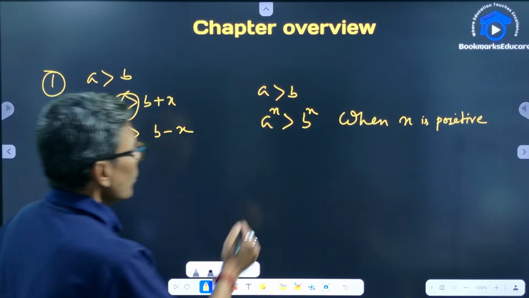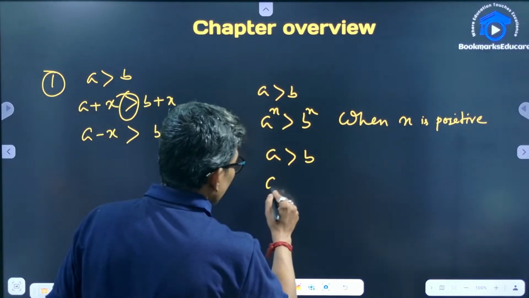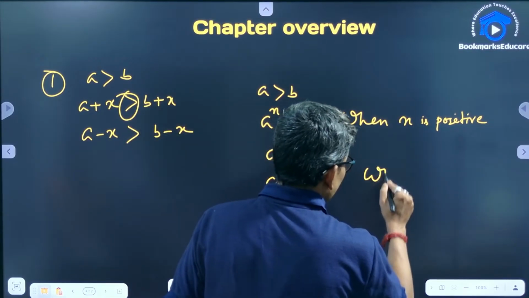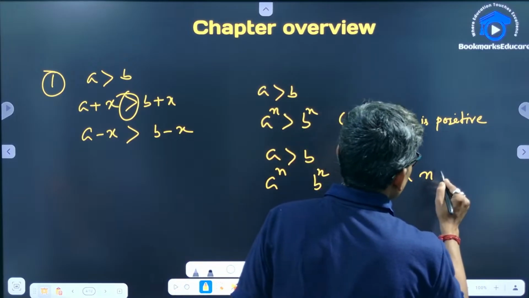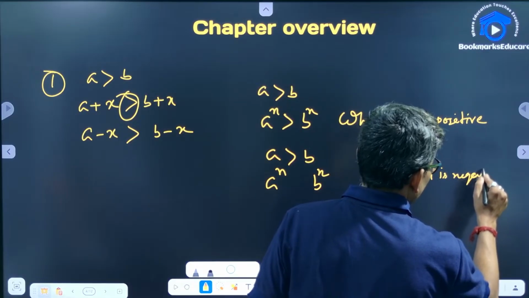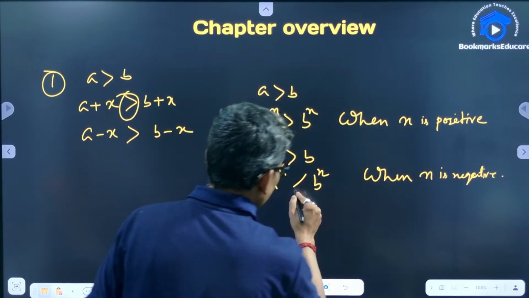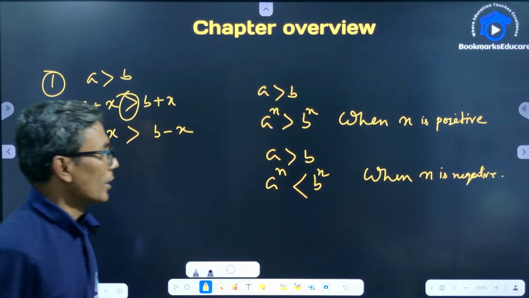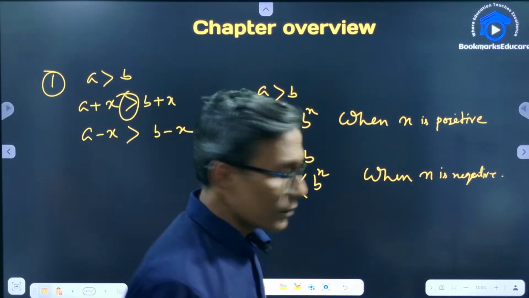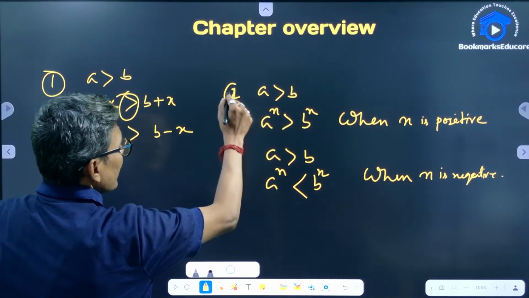Clear? So when a greater than b, when n is positive, then this sign will be changed. Greater than will be converted into less than. Clear? So this is another property.